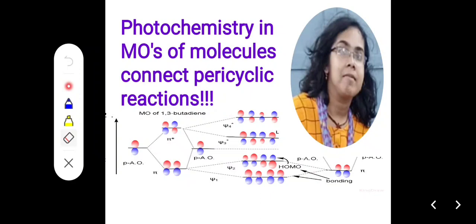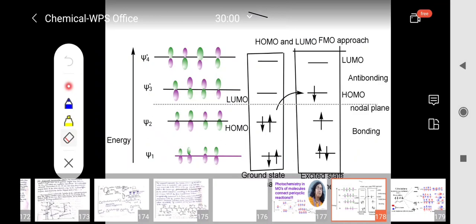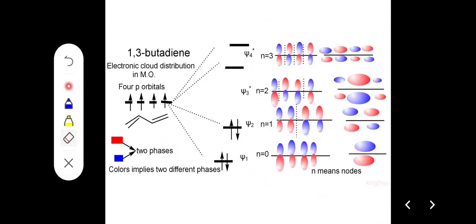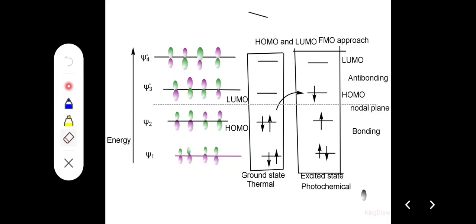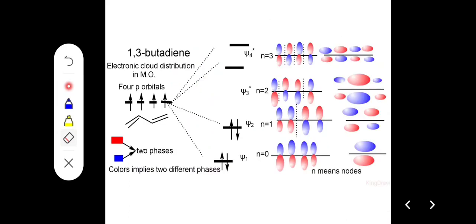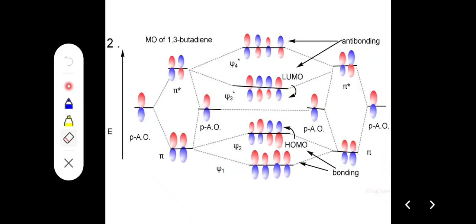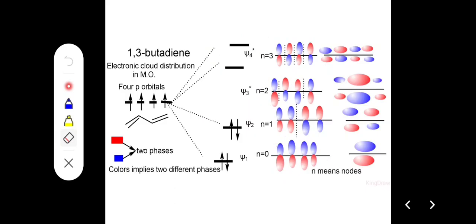So first, we consider molecular orbital formation, and the HOMO and LUMO, how their orbitals are arranged, and how the HOMO-LUMO gap should be decreased.